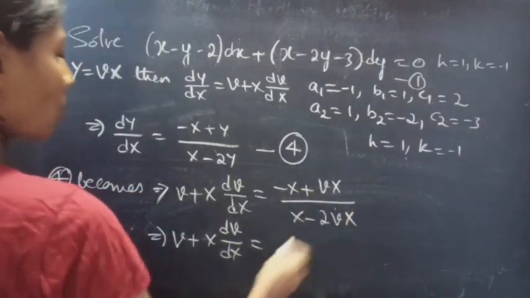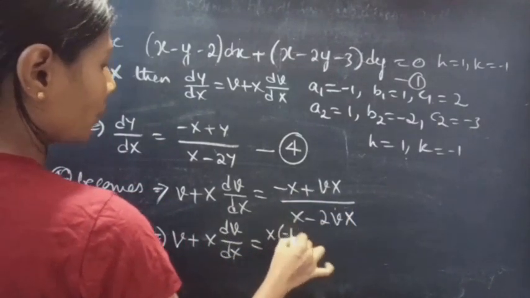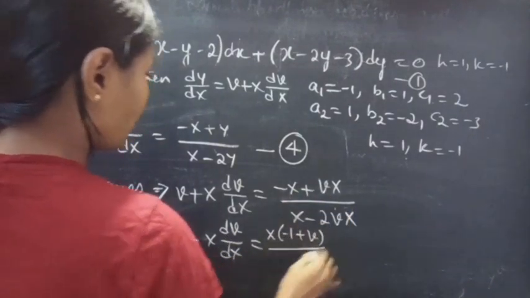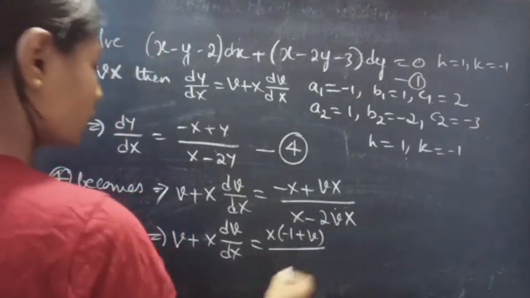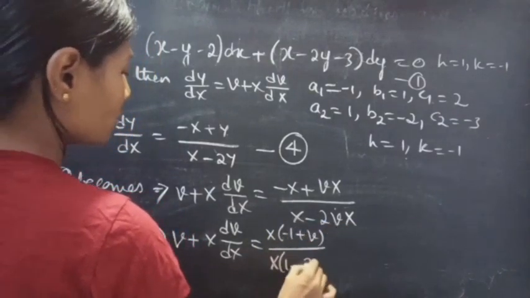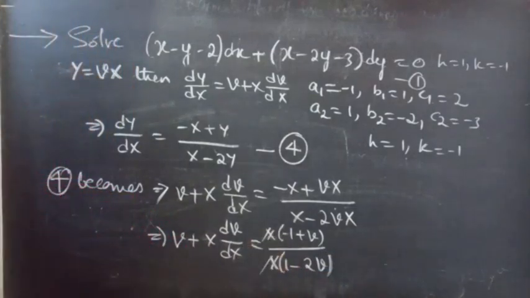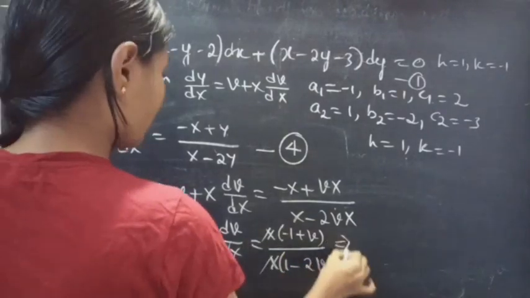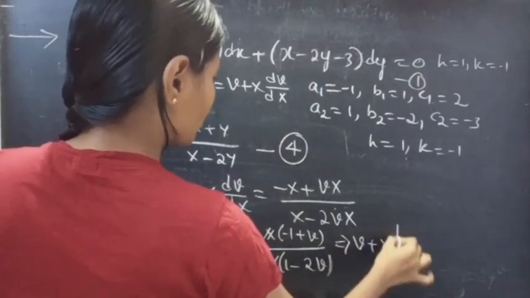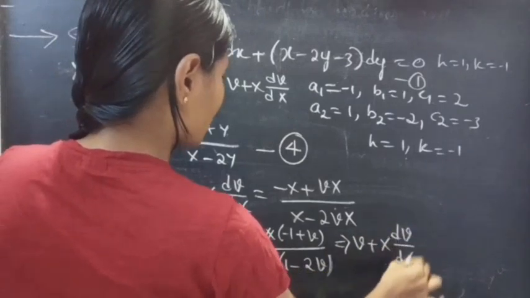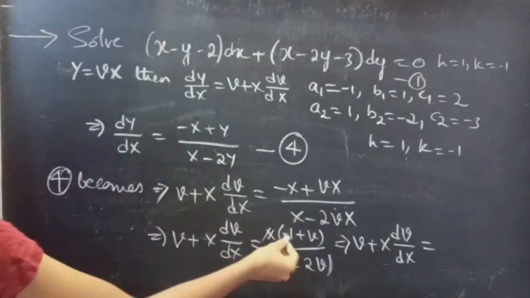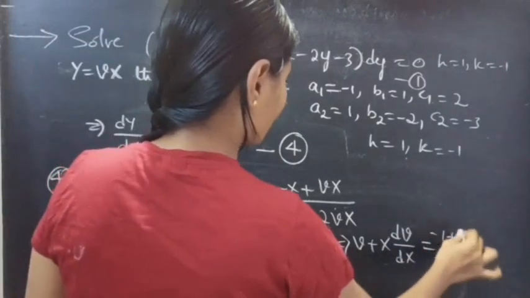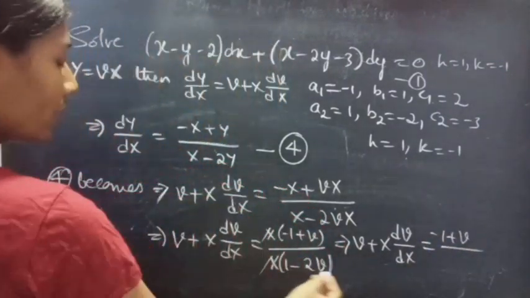Take x common from the numerator, you'll get x times minus 1 plus v, and also take x common from the denominator, you'll get x times 1 minus 2v. Here x gets cancelled. Then v plus x into dv by dx equals minus 1 plus v by 1 minus 2v.